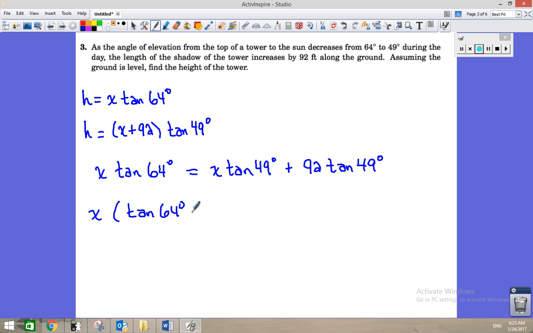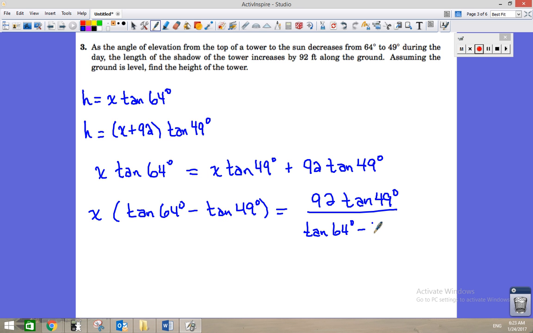Tangent of 64 minus the tangent of 49. So if I divide both sides by the tangent of 64 minus the tangent of 49, when I divide this side, that'll cancel. So I'll just have x.